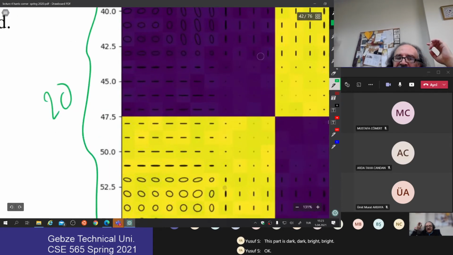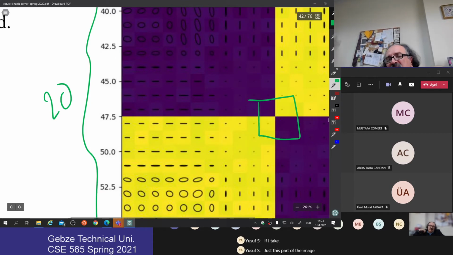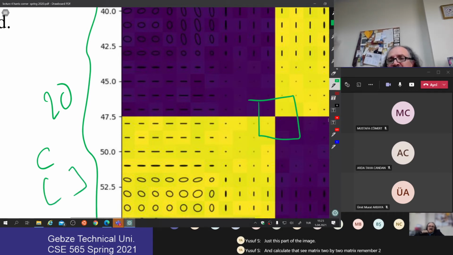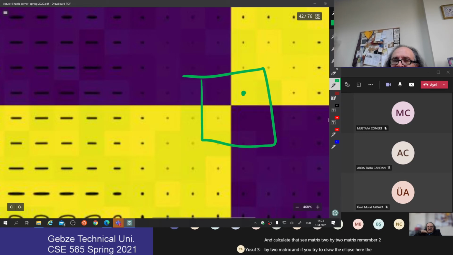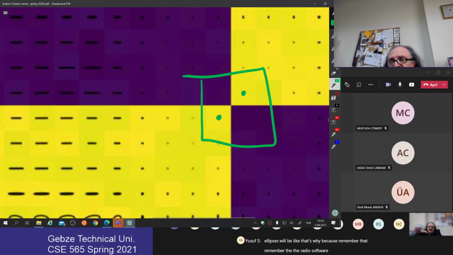If I take just this part of the image and calculate that C matrix, the 2 by 2 matrix, and try to draw the ellipse here, the ellipses will be like dots. Why? Because remember, the radius of the ellipse was 1 over square root of lambda. So if the lambda is large, the ellipse size will be small.